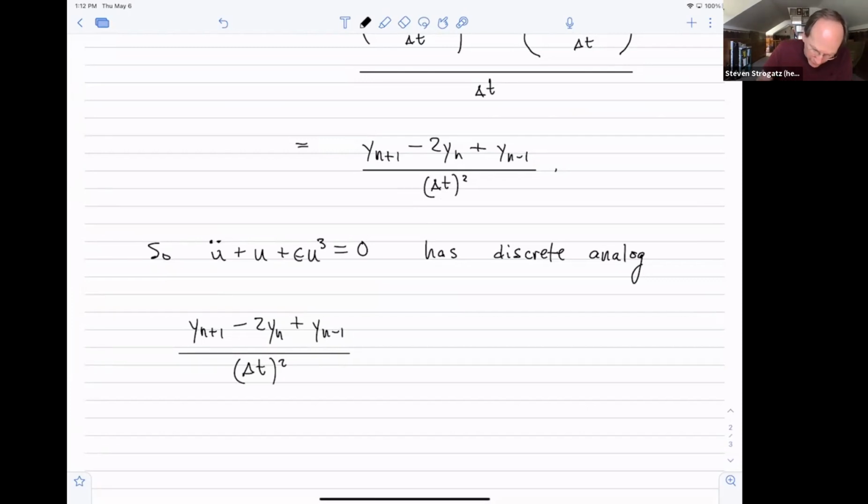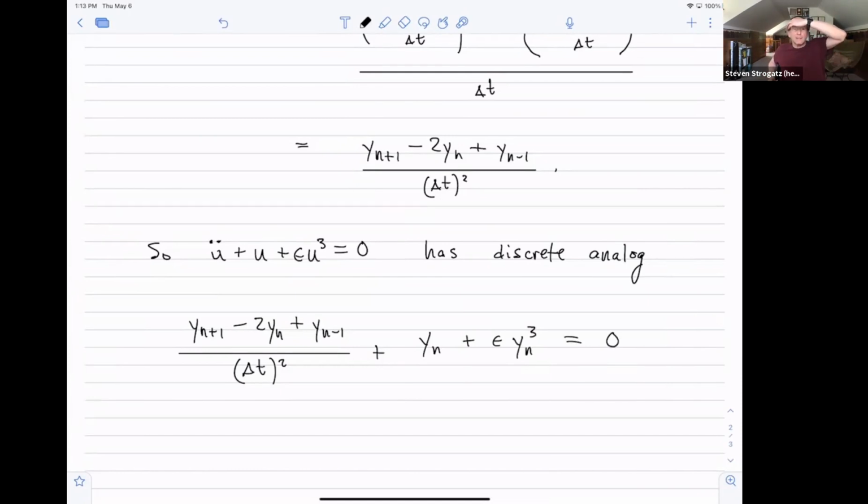So that's my second derivative. Then plus u, I'm calling that yn. And plus epsilon u cubed, that'd be analogous to epsilon yn cubed. All of that is 0.